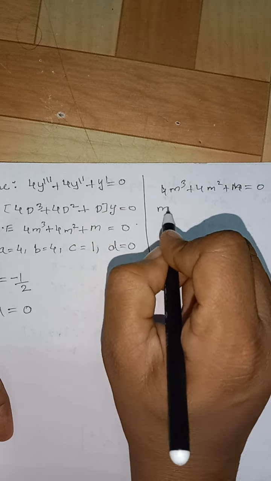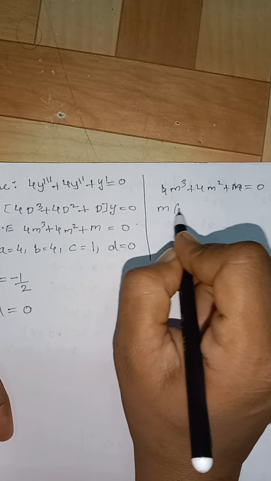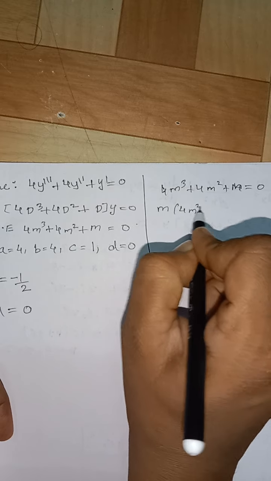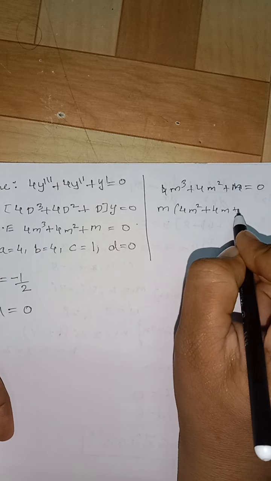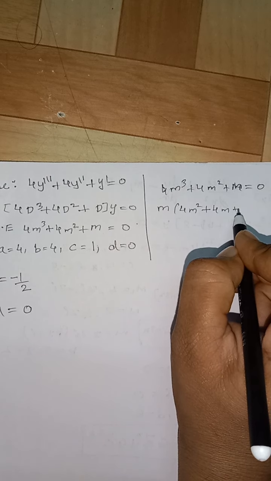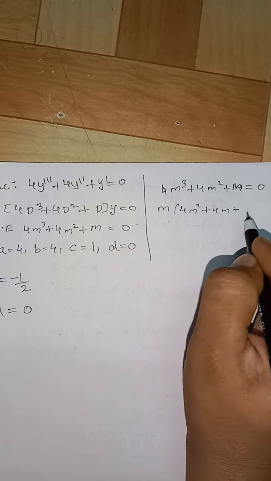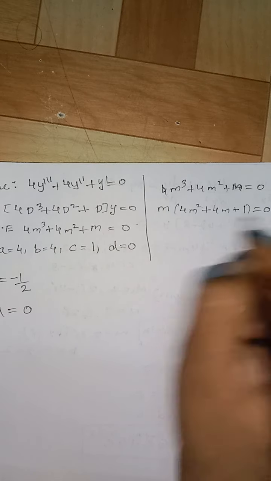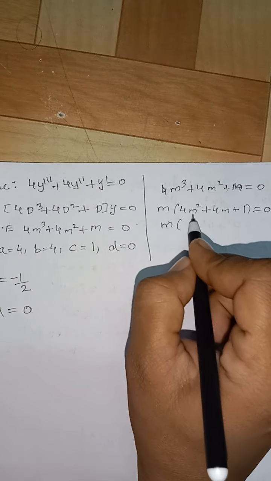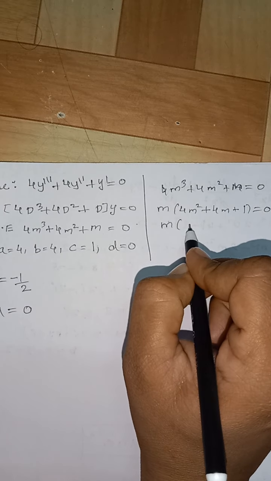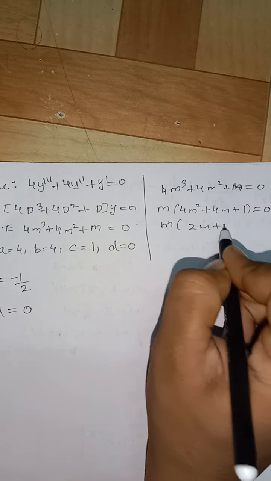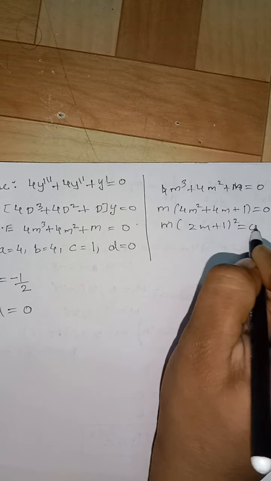We can take m common, so we remain with m into (4m square plus 4m plus 1) equals to 0. Now 4m square plus 4m plus 1 is nothing but the expansion of (2m plus 1) the whole square equals to 0.